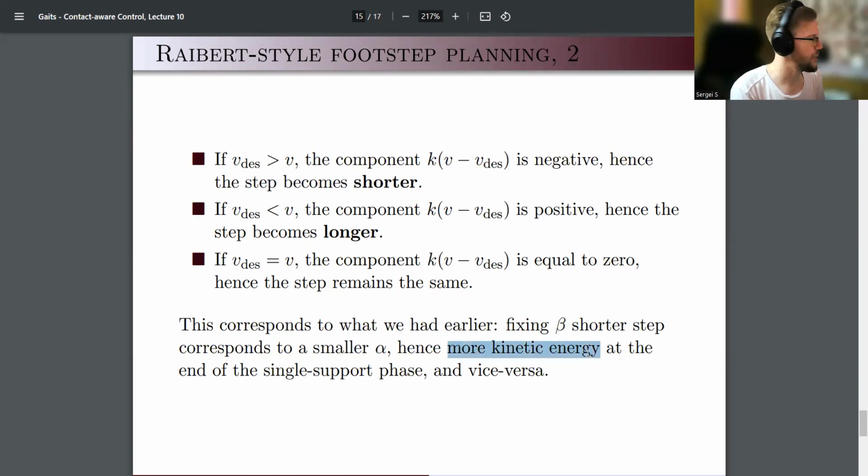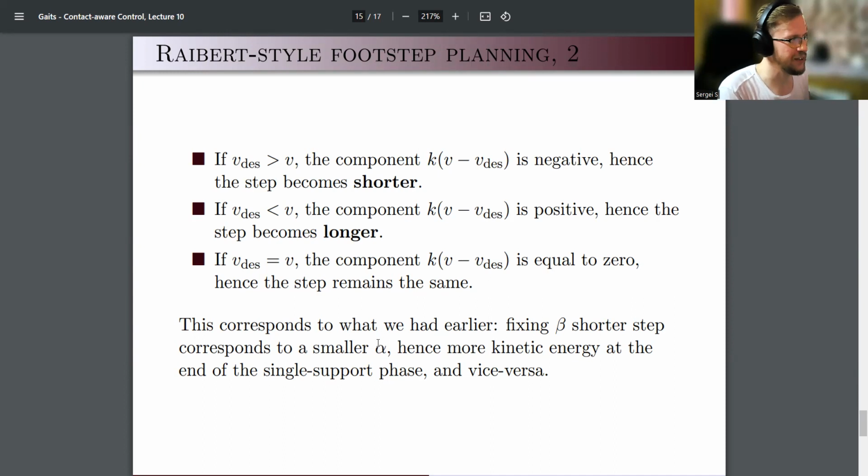So shorter step corresponds to smaller alpha. So more kinetic energy. And the longer step corresponds to larger alpha, right? So that would mean less kinetic energy, right? So basically, you can think that what a Raibert controller does is look at it this way to pump kinetic energy into the system, which you do by making shorter steps.